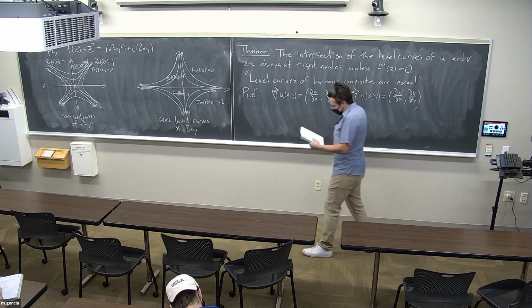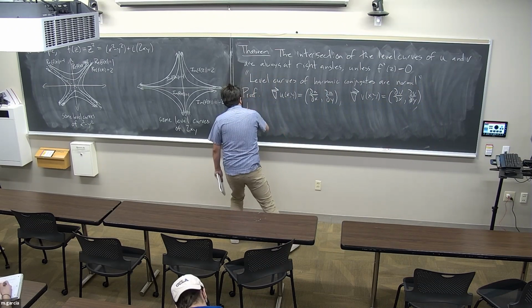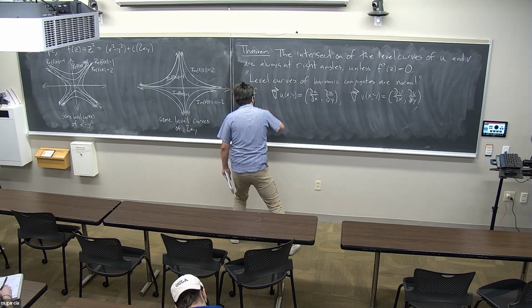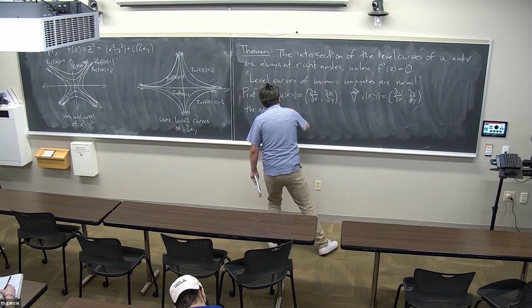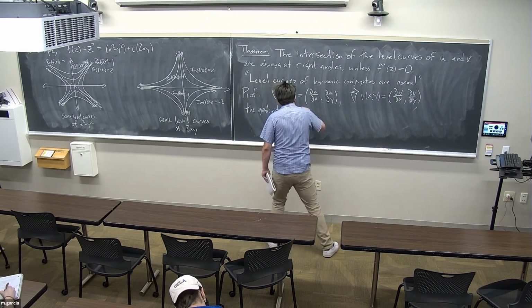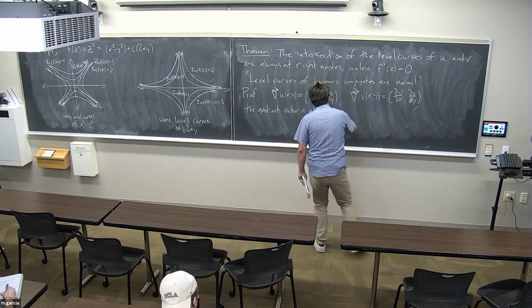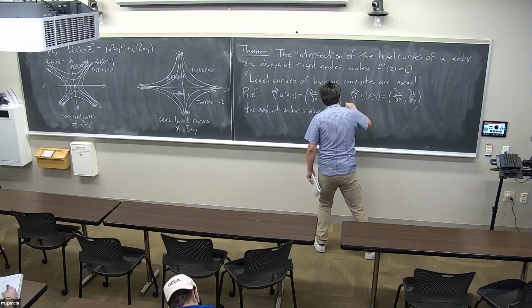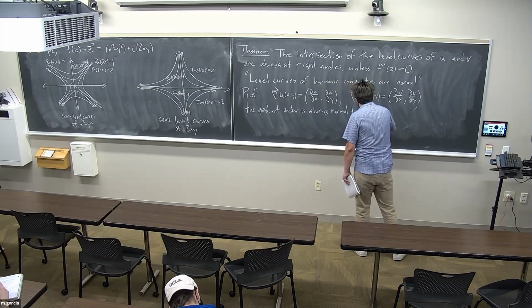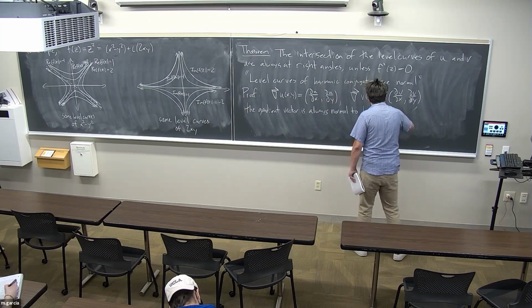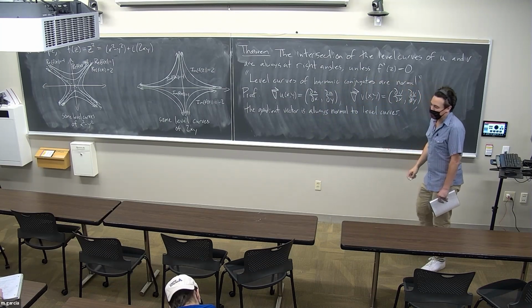Okay. So the gradient vector is always normal to level curves. You guys remember this from calculus 3?